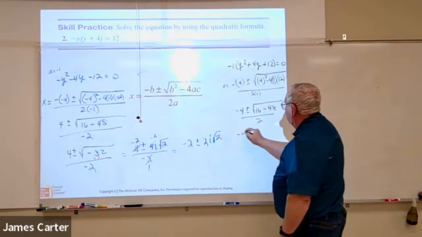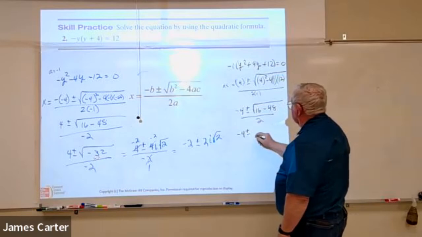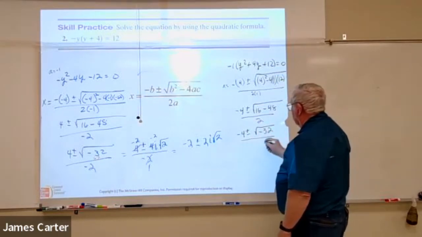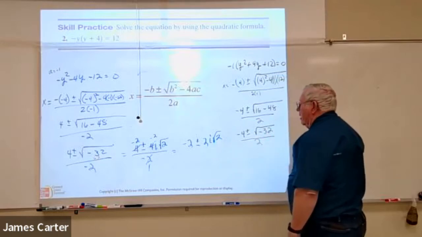Okay, -4 plus or minus the square root of -32, all over 2.